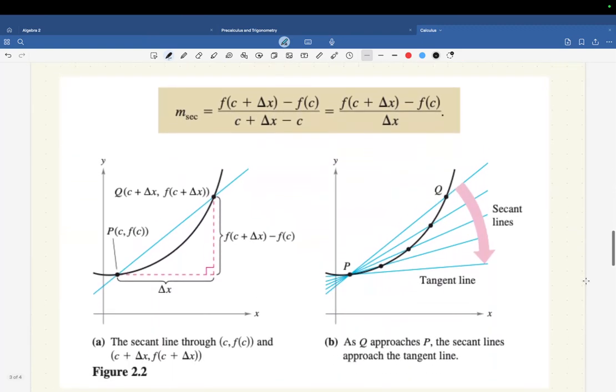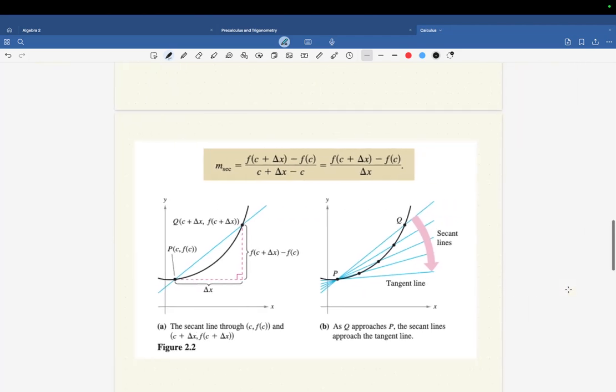I really love this. It by and large shows what we're going to be doing with this idea of a derivative and this idea of a limit working together. So we have some distance between our 2 points along the x-axis, and they call that the delta x, or the change in x, some finite value. So I'm going from this x to this x, and that is called delta x. So if you have a beginning point, c, well, then you could have another point, c plus delta x.